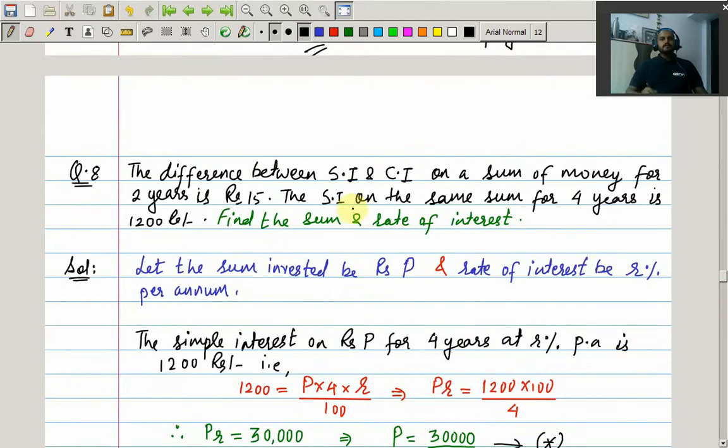If the simple interest on the same sum for 4 years is 1200 rupees, find the sum and the rate of interest. So we have to find two things, P and R%.